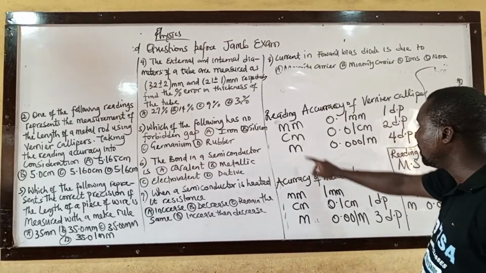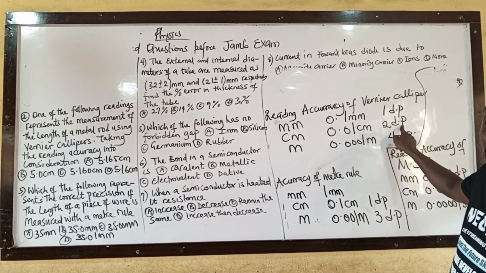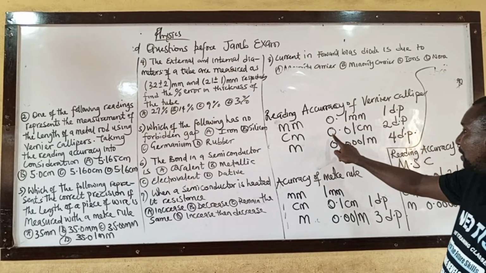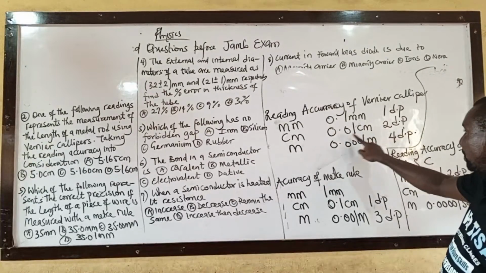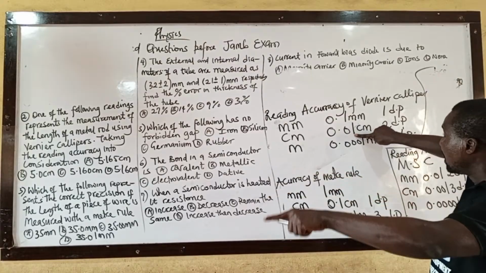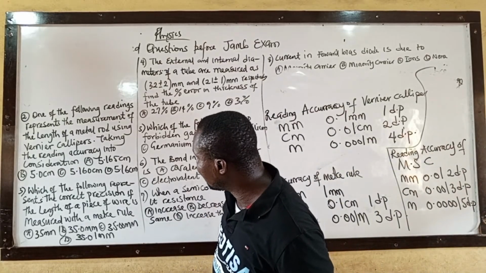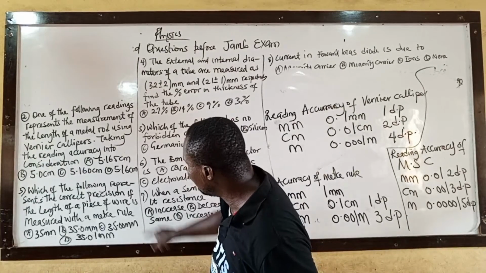It is 0.01, 2 decimal places. That means the answer must be in 2 decimal places in centimeter. Which one is in 2 decimal places in centimeter?